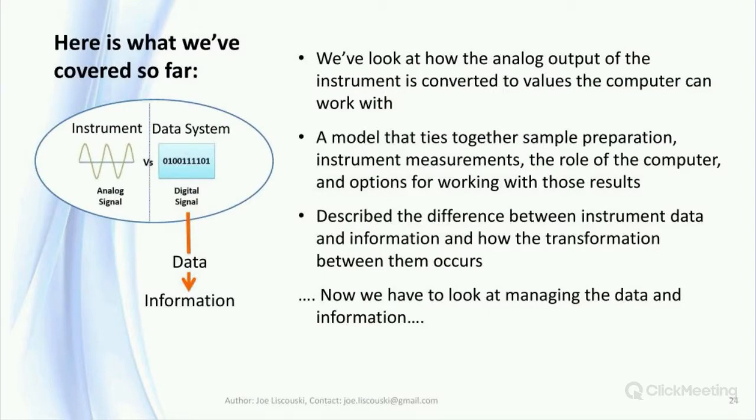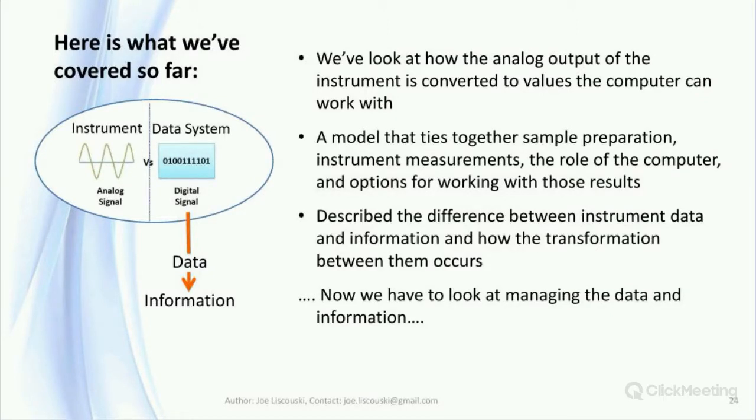So far, we've looked at how voltages from the real-world instrument output are captured as digital data in a computer system, described a model of how the process of sample preparation through the comparison of results occurs, and its application to packaged devices such as balances and pH meters, and also looked at the conceptual difference between data and information in laboratory work.